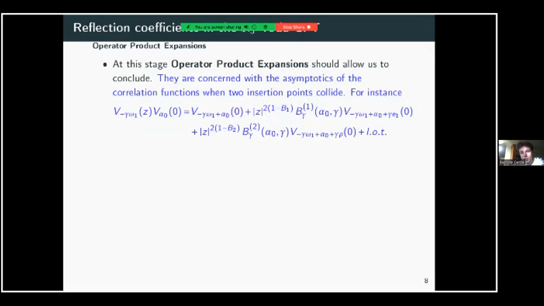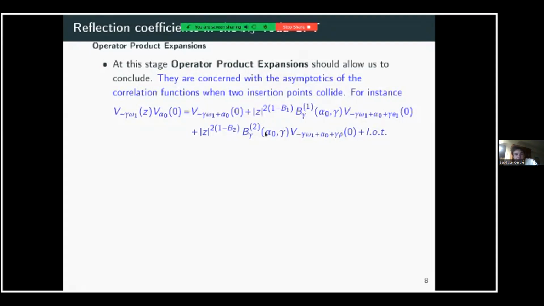And in doing so, you have 2 vertex operators which get closer and closer and collide. It is assumed in physics that when you study such asymptotics, you have an expansion which is completely explicit and which takes the following form. You have a 3-term expansion. Here the coefficients b gamma are completely explicit, and the exponents are completely explicit.